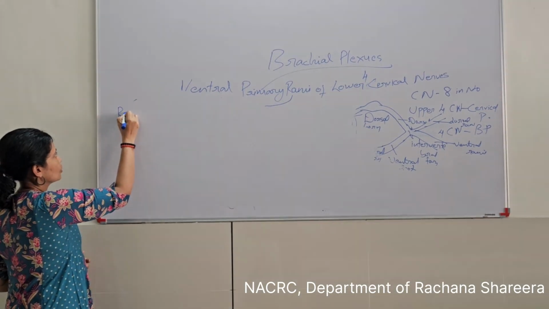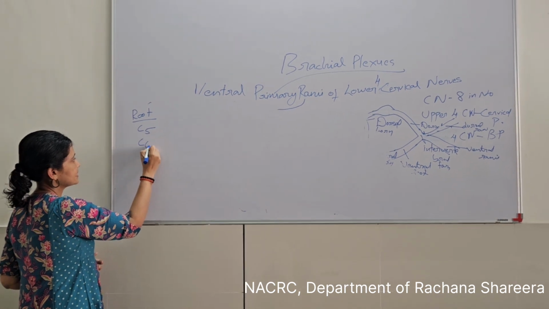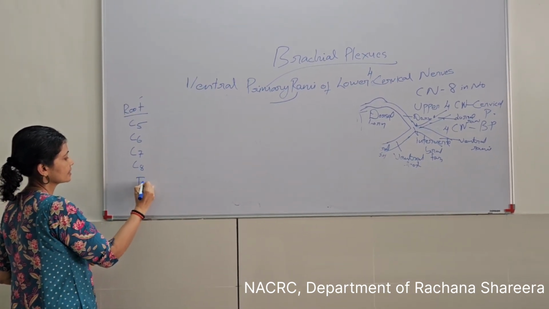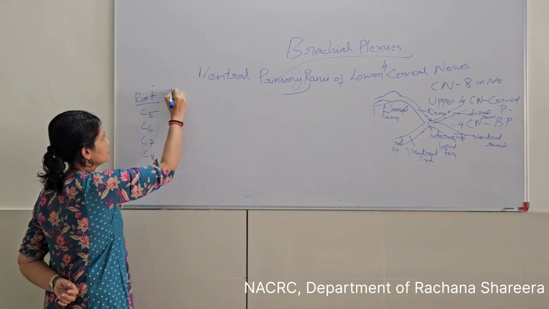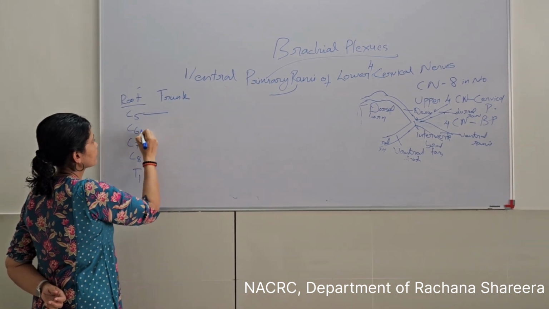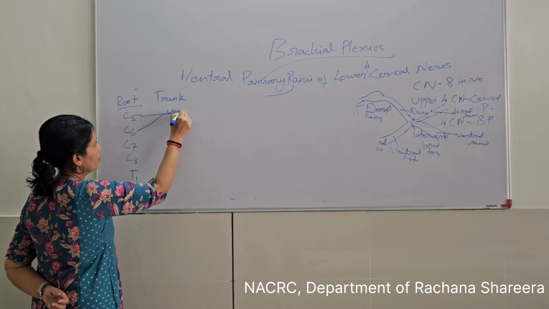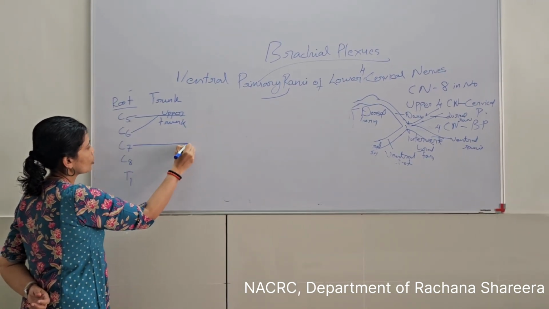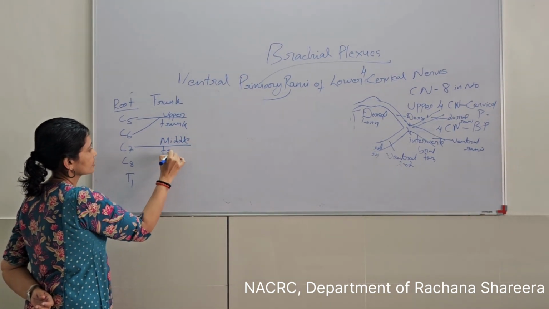So first, root. Root we know is C5, C6, C7, C8 and T1. Next component is trunk. C5 and C6 unite to form the upper trunk. C7 forms the middle trunk.